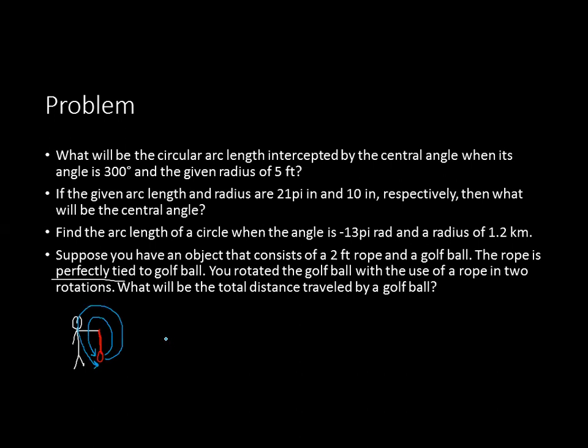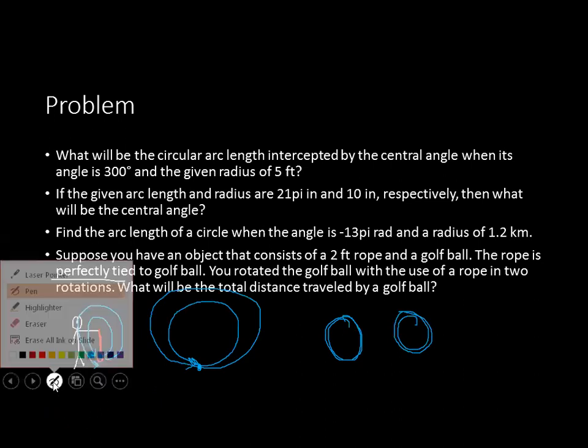When it rotates, it asks what will be the total distance traveled by the golf ball. So suppose it starts here. It goes from here, then it goes another rotation. It's like you're drawing a circle 2 times. So what will be the total distance?